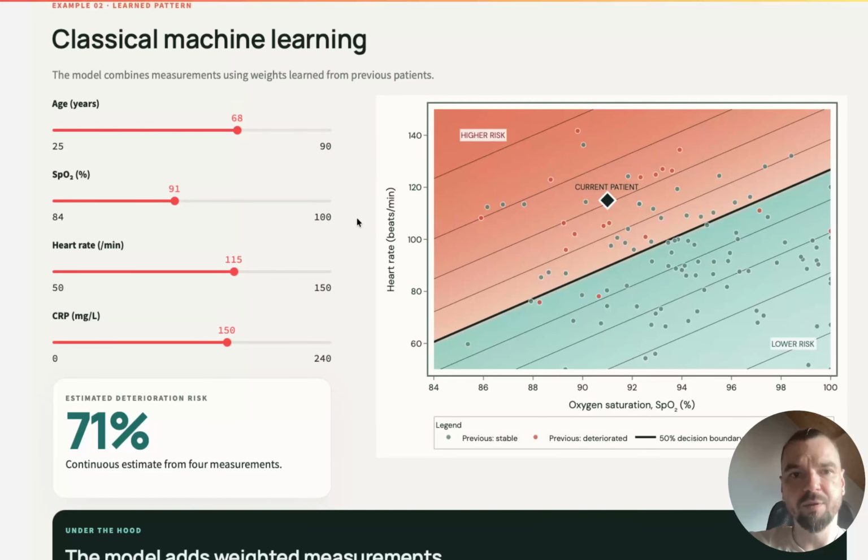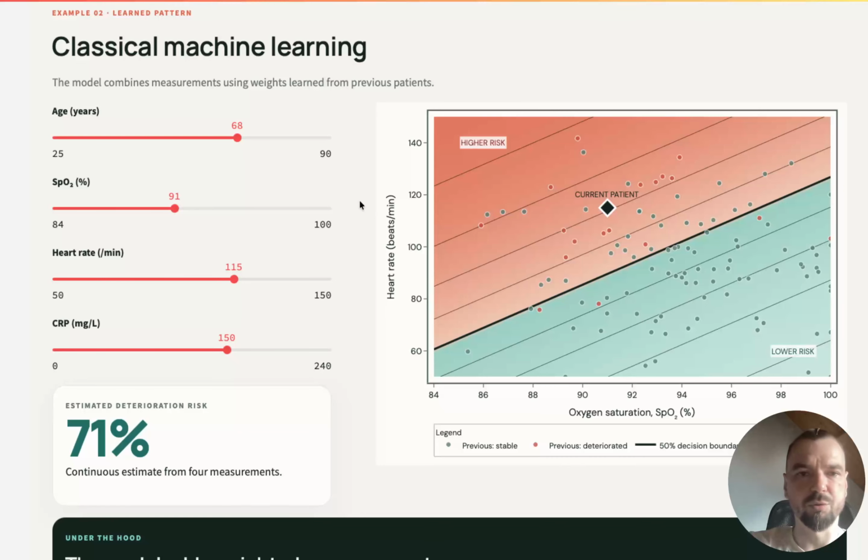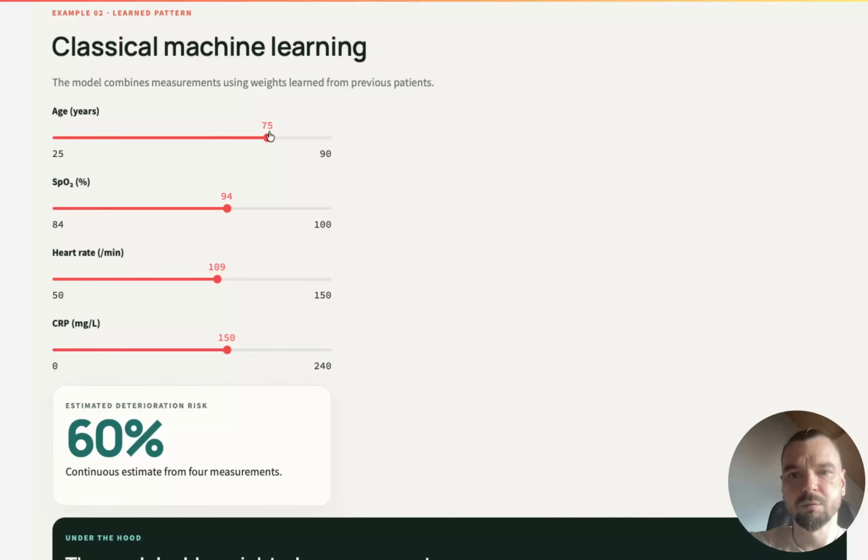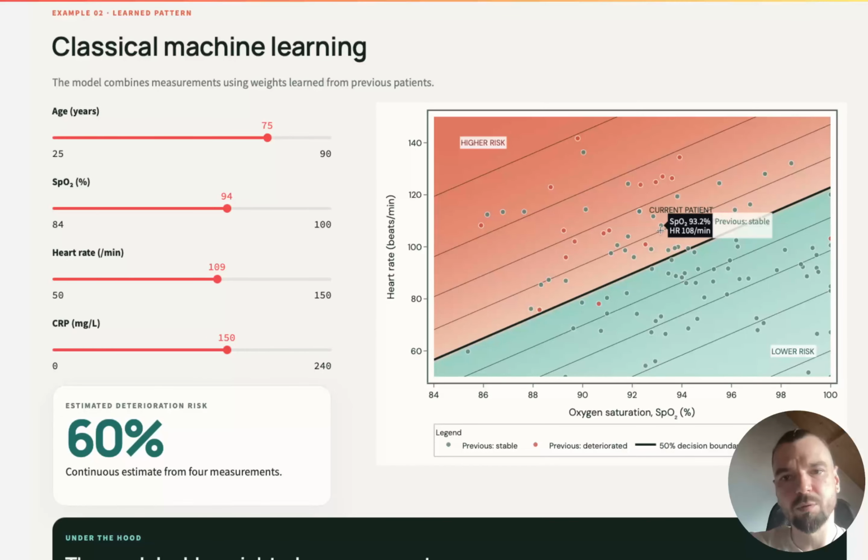One of the benefits of machine learning compared to rule-based logic is that it takes into account more parameters. So for example, for the same patient, if the patient is 50, it's considered stable. If it's 75, it's already more risky.